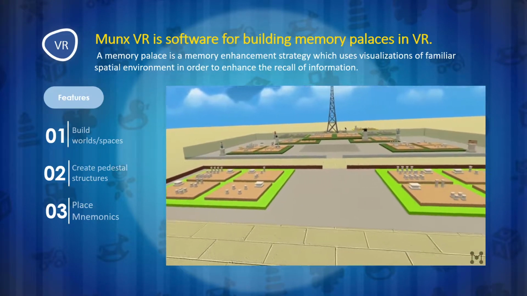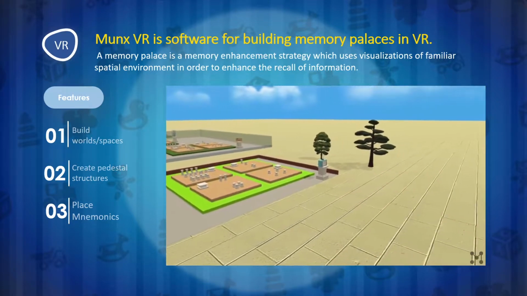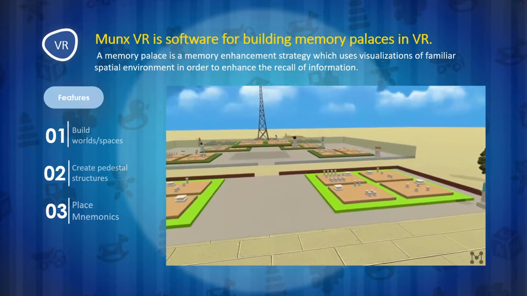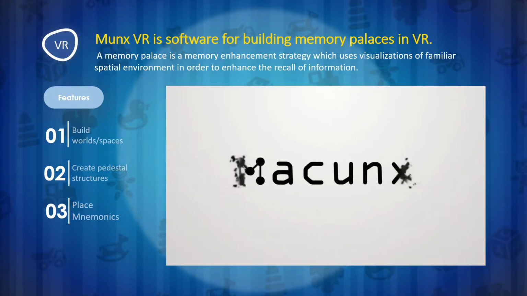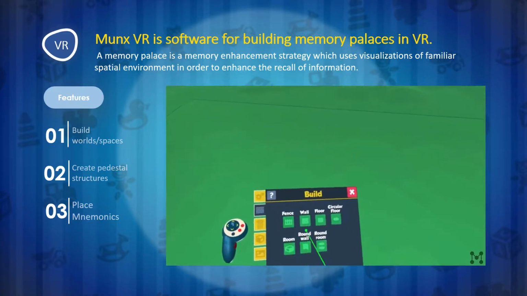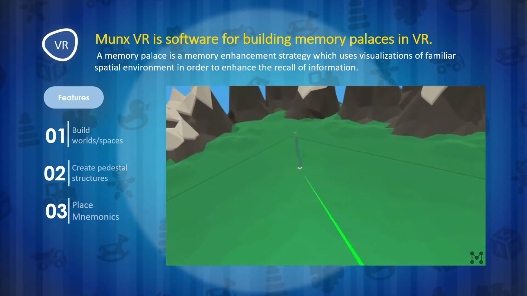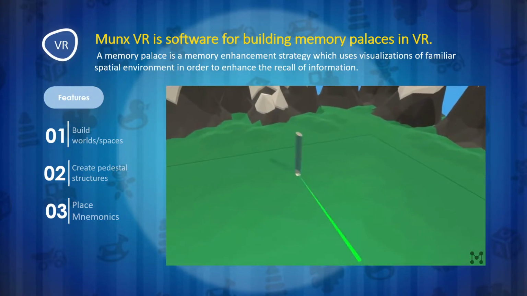Some of the core features of this software are building worlds and spaces. This is probably the most important feature. It allows us to build our own world, our own space. We have some tools, as you can see, that can help us build this out.